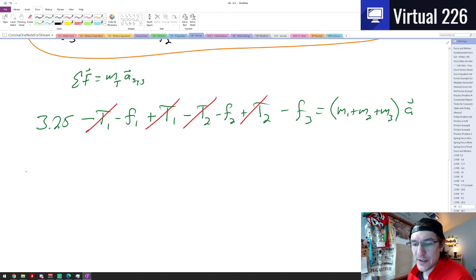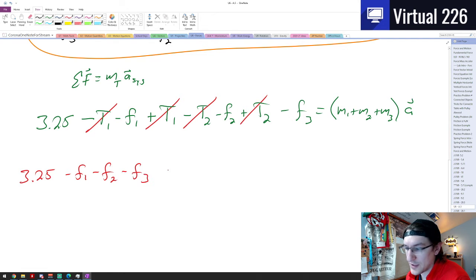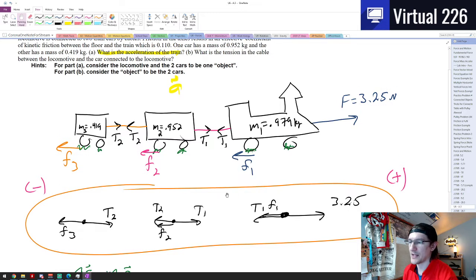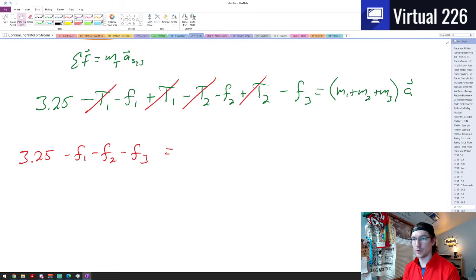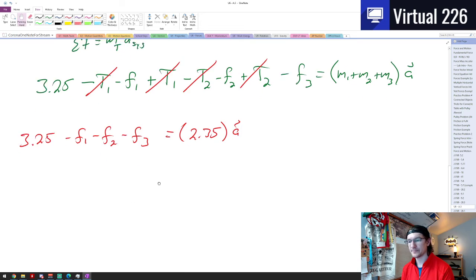So all we have now is 3.25 minus F1 minus F2 minus F3 equals the sum of the masses together. If we go back up, let's just add them together. That's 0.979 plus 0.952 plus 0.419, that's 2.35. So this total mass here is 2.35 times the acceleration, okay?